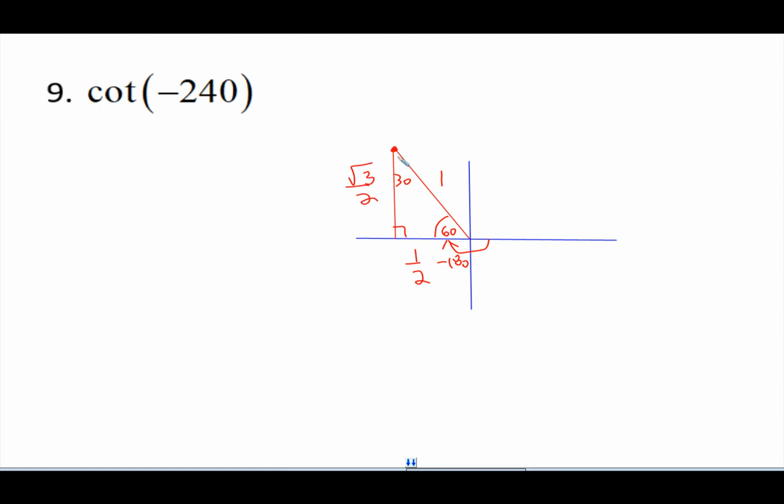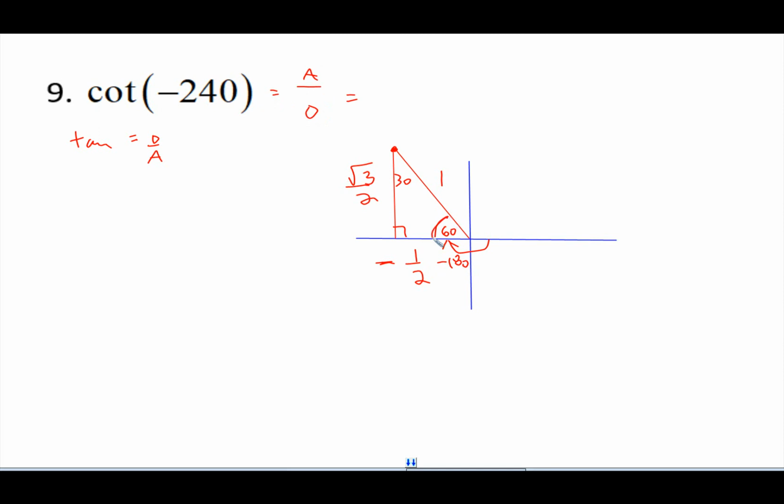In quadrant 2, the x's are negative but the y's are positive. We're finding cotangent, which is the reciprocal of tangent. Tangent is opposite over adjacent, so cotangent is adjacent over opposite.